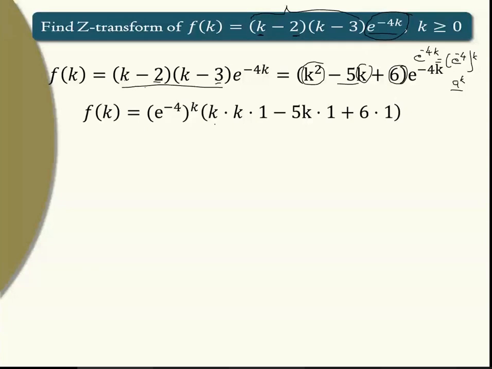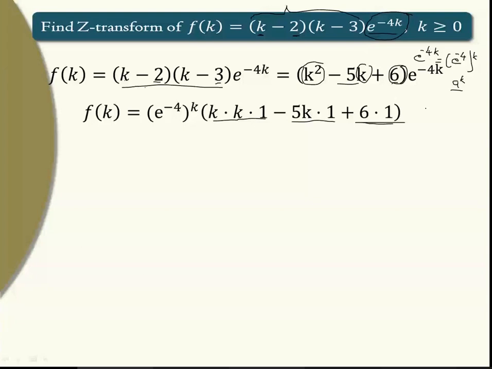K square can be written as k into k into 1. 5k can be written as 5 into k into 1. And 6 can be written as 6 into 1. So we have just split these functions as products of k into 1.